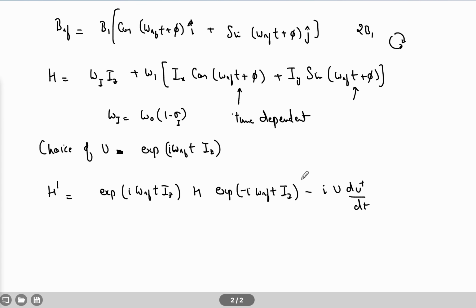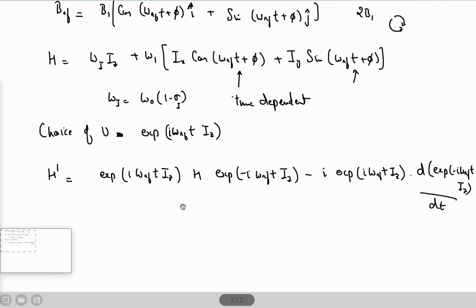And what is U? U is this. So instead of this, now I will write exponential(i omega_RF t Iz) d exponential(minus i omega_RF t Iz) divided by dt, right?